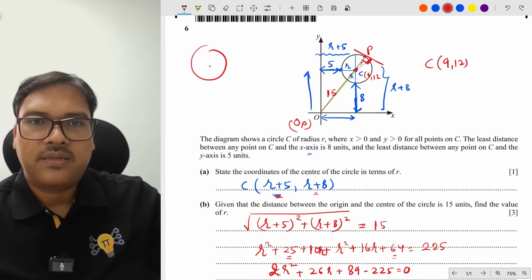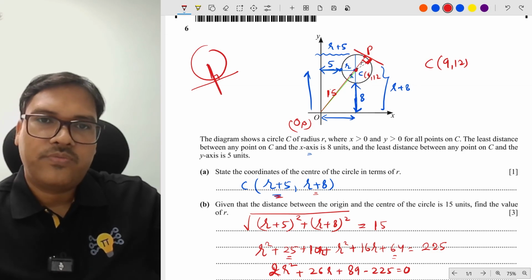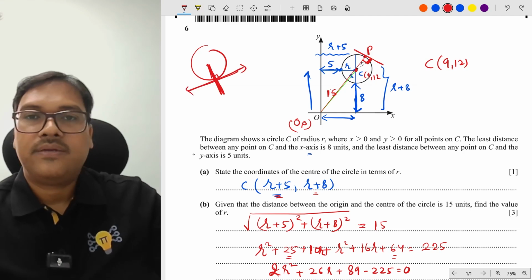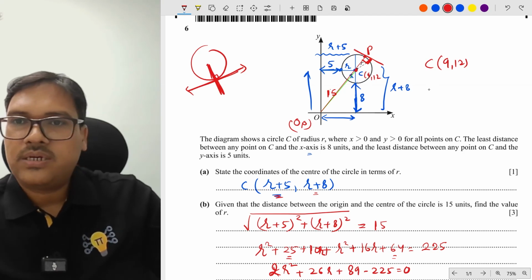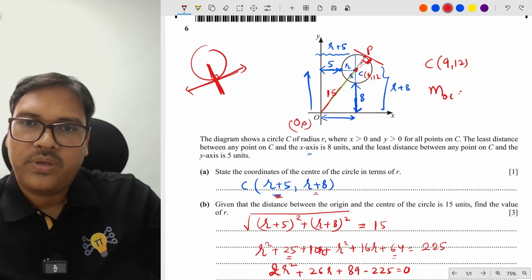If you know the gradient of this line, then the negative reciprocal will be the gradient of the tangent, right? So what is the gradient of OC? That is basically the gradient of OP.